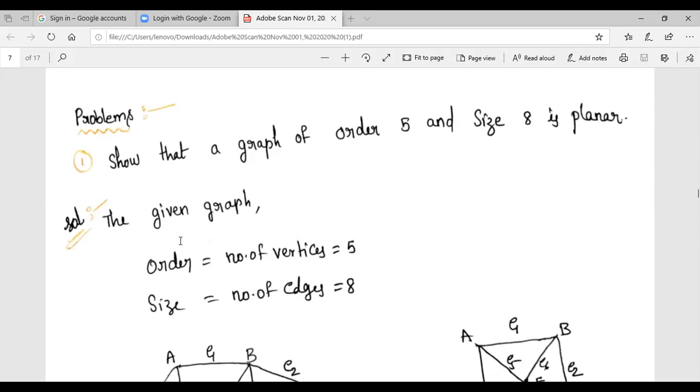So the given graph with order 5 means 5 vertices, and size 8 means 8 edges.